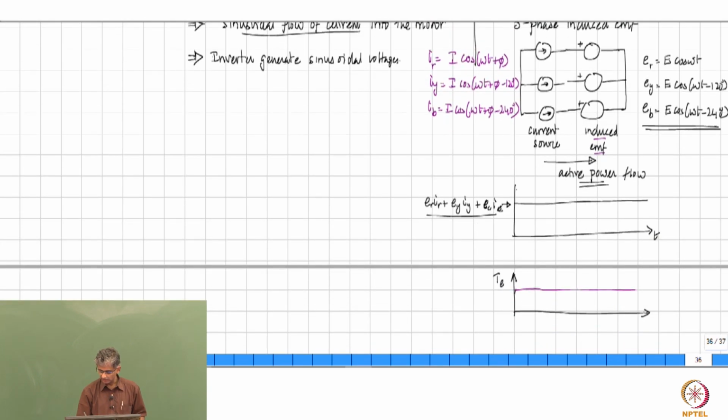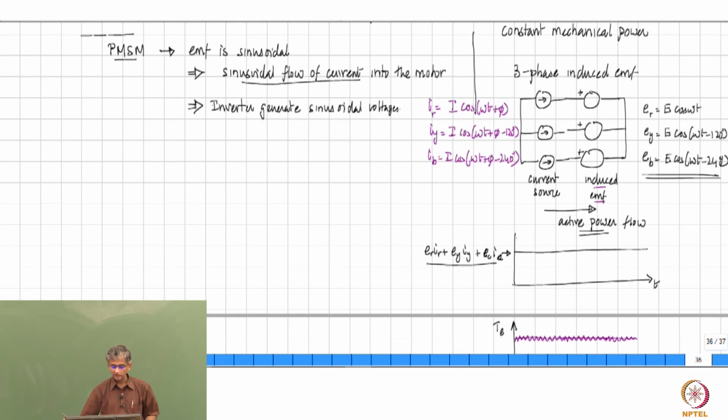What you will get is a waveform like that. And we already concluded that this waveform is acceptable provided you are able to keep the amplitude small and the frequency of the ripple high, right. So, the question then is, how does the inverter generate this?